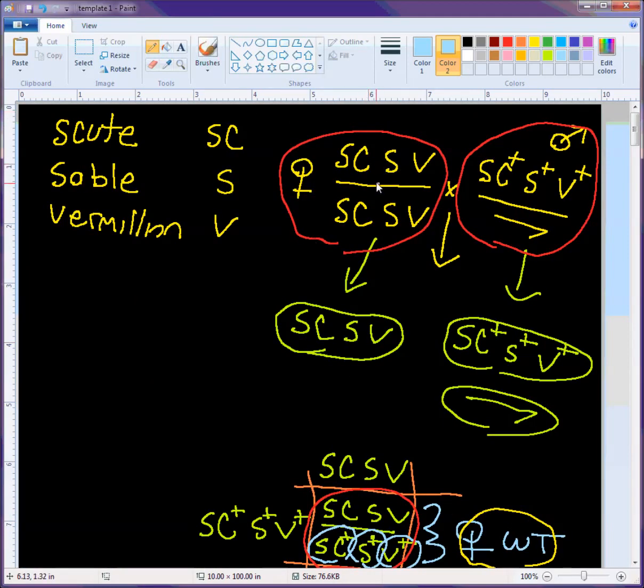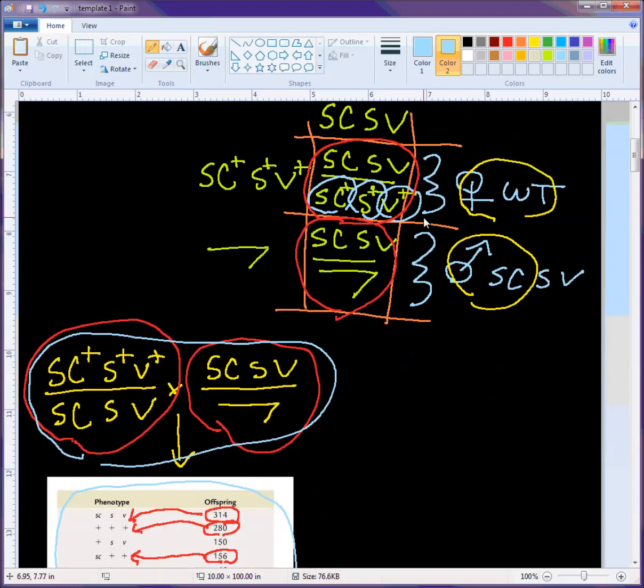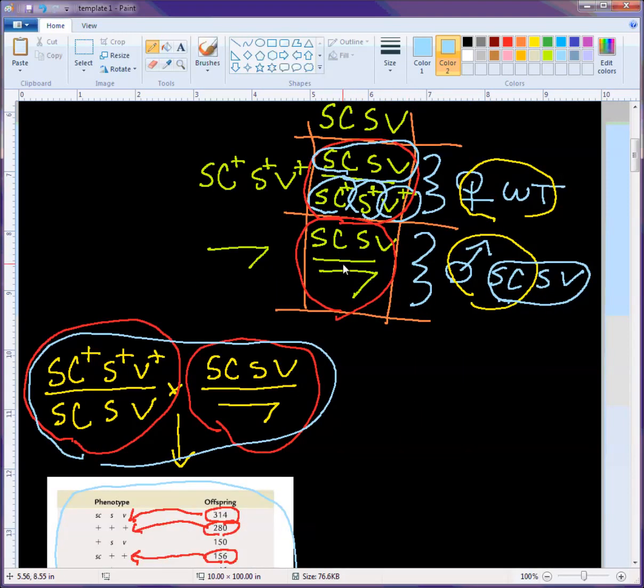So all the recessive alleles were linked together, and they moved as a single unit from the mom over to the sons in the F1 generation right here. And also over to the daughters right here in the F1 generation. So we kind of already have the arrangement.